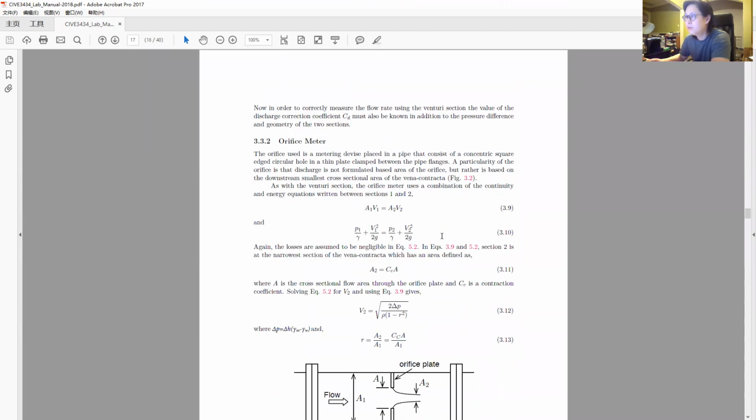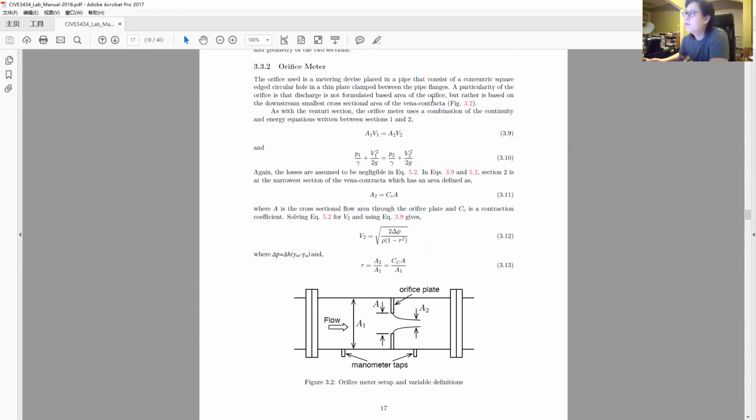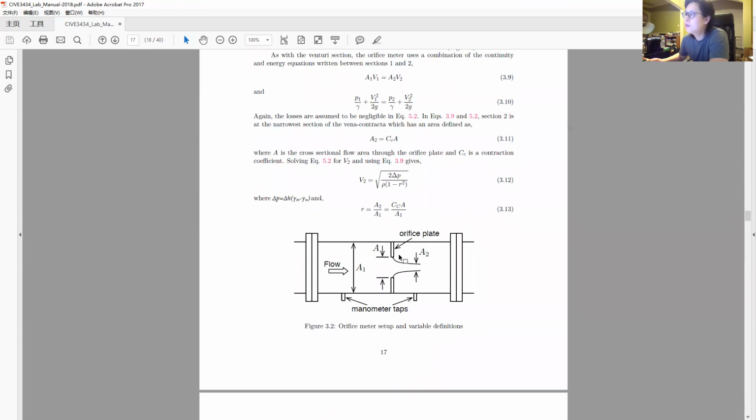For the orifice meter, the methodology is about the same. We start from the continuity equation and the energy equation. The only difference is that the orifice plate creates what we call a vena contracta, which causes a contraction of the flow, but we don't know what the narrowest cross section is.